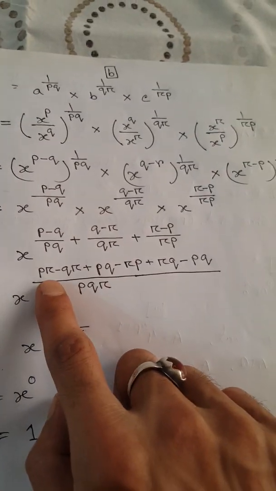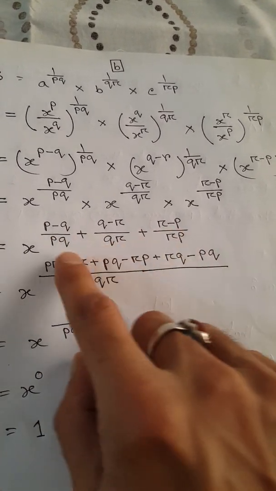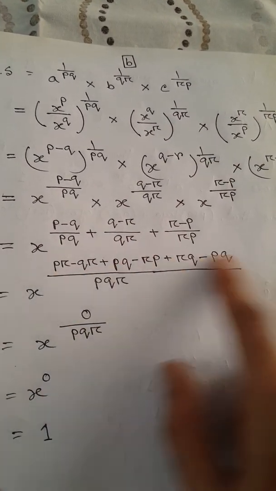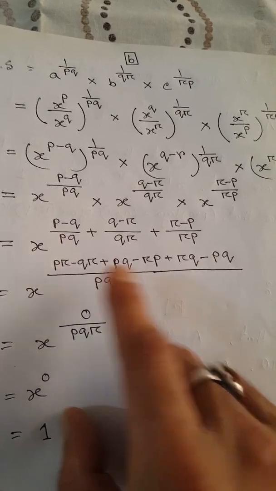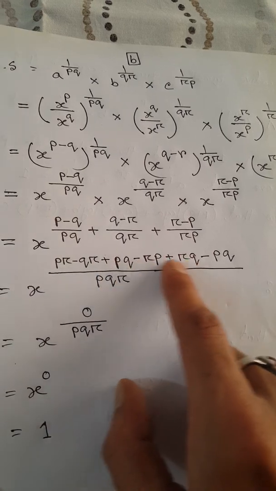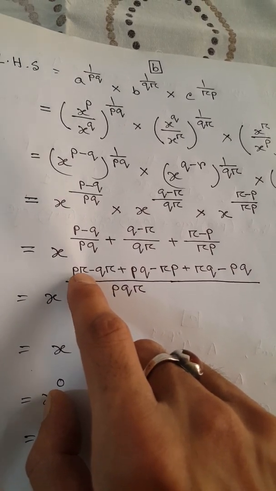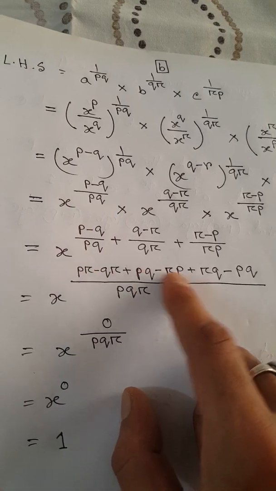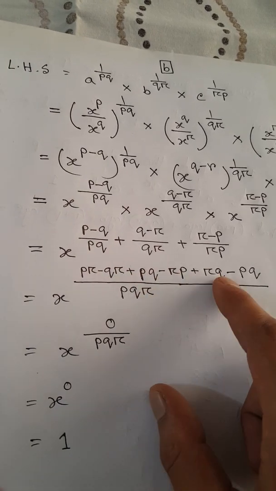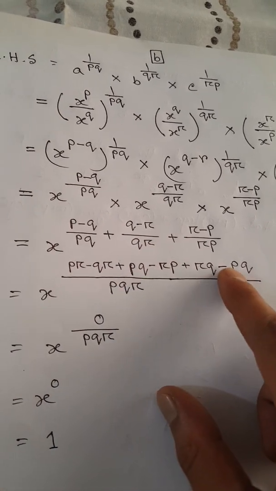So when we add these powers, the LCM will be pqr and the rest of the calculation will be in this way. We can cancel this pr by minus rp, minus qr plus qr will also be cancelled, and plus pq minus pq.